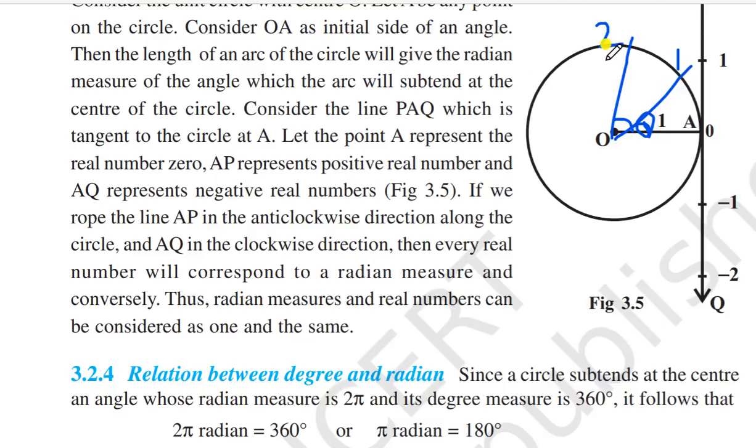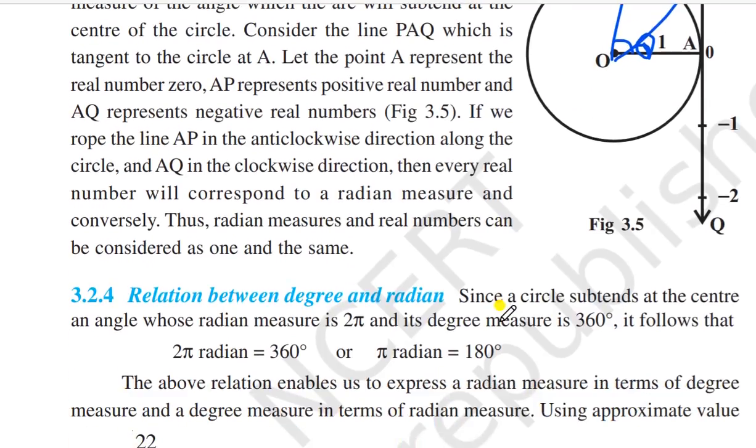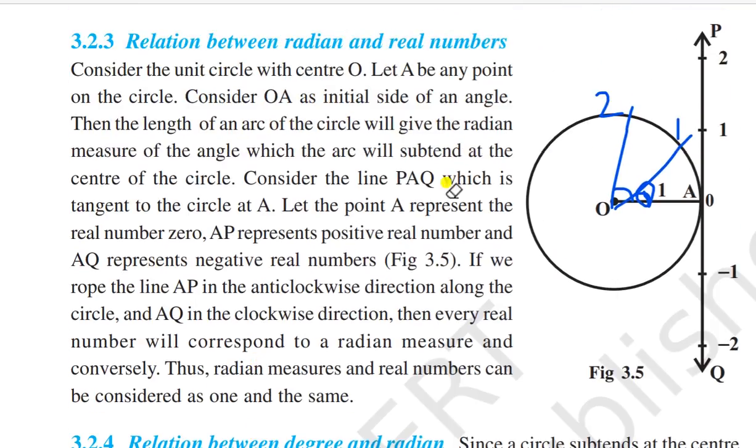And will this be the case? Hmm. This might not be, because as you see here, 2 pi radians will always be 360 and pi radians will always be 180. How is that possible, if for different arc lengths and different radiuses we have different radians?